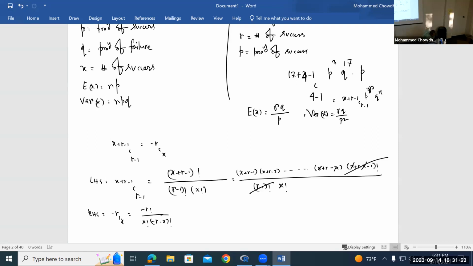Similarly, we would have minus r minus 1, and all the way to minus r minus x plus 1, and finally we get (minus r minus x) factorial, and these things cancel out.